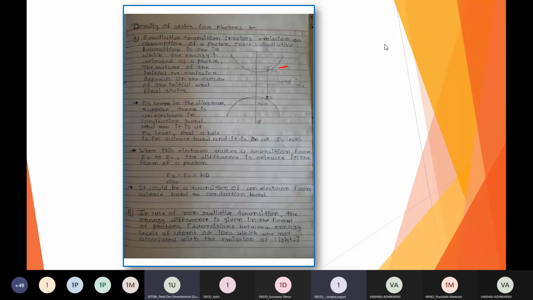Whenever the electron wants to make a recombination with the hole, જ્યારે electron E2 conduction band માં છે જેનું energy level E2 છે, એ જ્યારે hole સાથે recombination કરવા માંગે છે ત્યારે તે h nu જેટલી energy release કરશે.